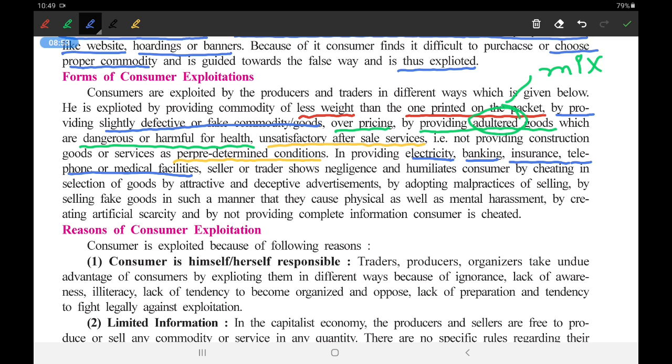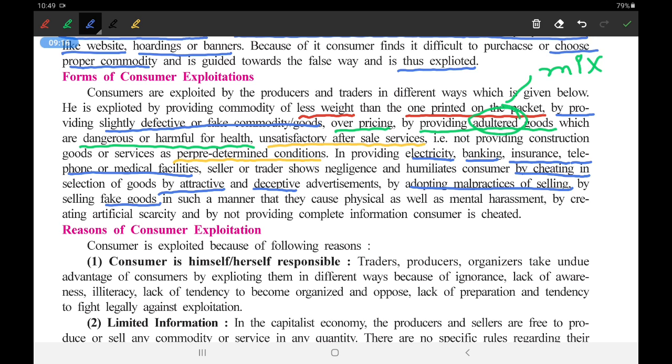By giving some kind of advertisement but giving different products to them. The products are shown one way in the advertisement, and the product which is actually delivered is different. So this way they do it. Deceptive is cheating, okay? Advertisement by adopting malpractices of selling, by selling fake products.